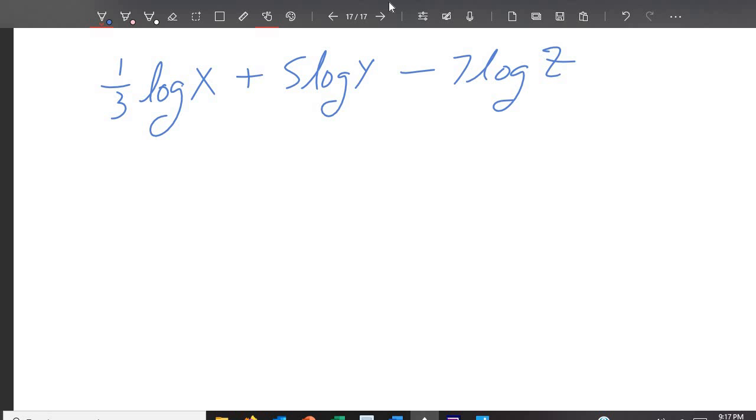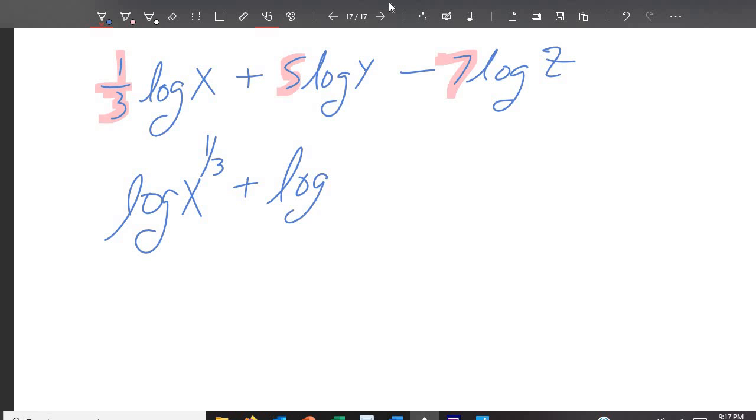Z. They all have numbers in front, so we're going to apply the power rule before we do anything else. So we're going to get log of x to the 1/3, plus log of y to the 5th, minus log of z to the 7th.